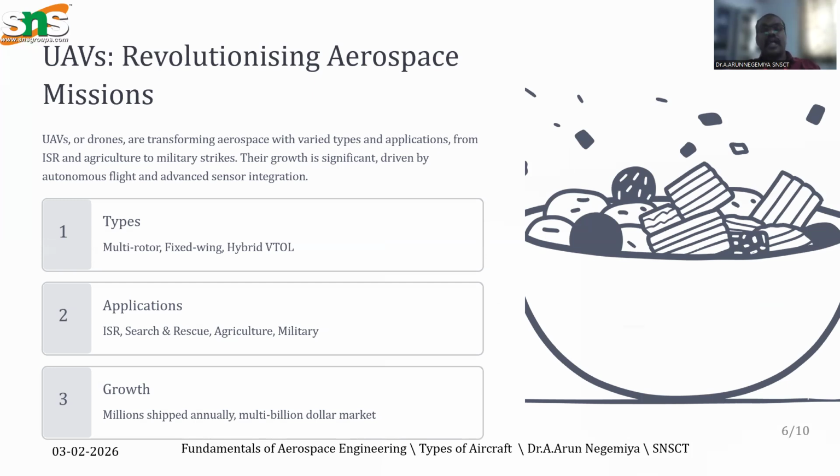Application-wise, they can be used for search and rescue, agriculture, military, and surveillance cases. By using UAVs, we get more up-to-date information, and we can deliver goods from one place to another very fast.